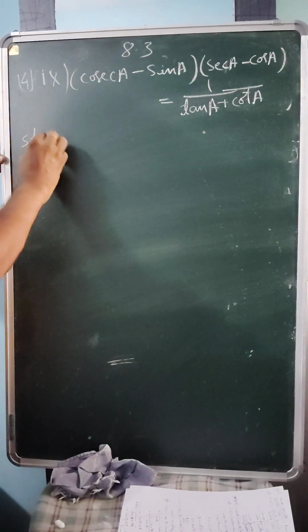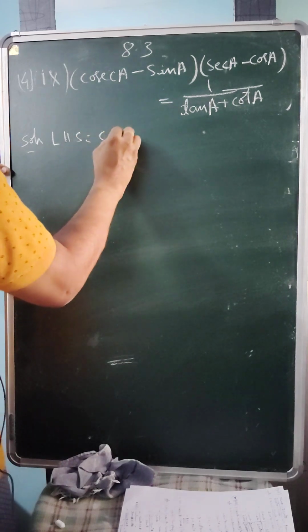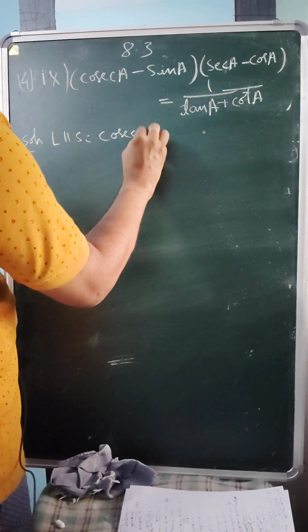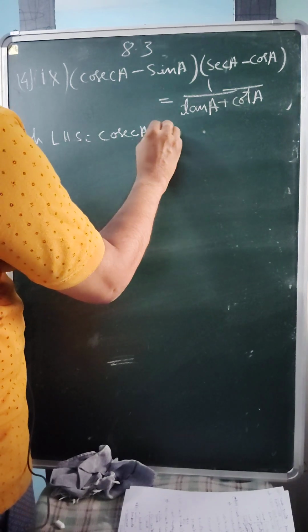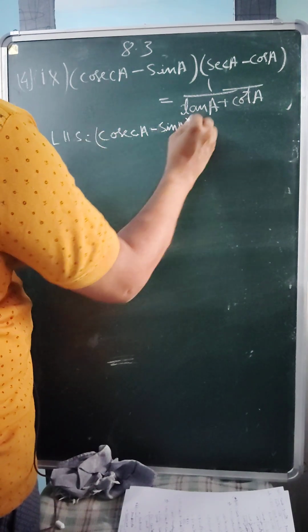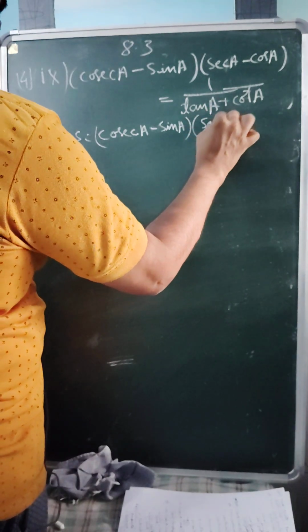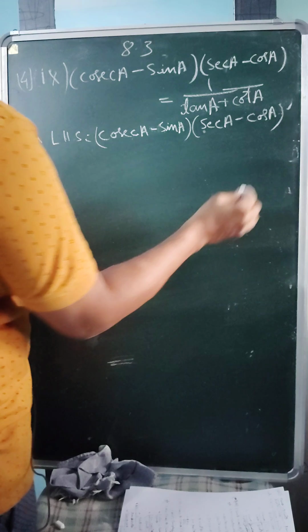Solution: LHS is equal to (cosecant A minus sin A) into (secant A minus cos A).